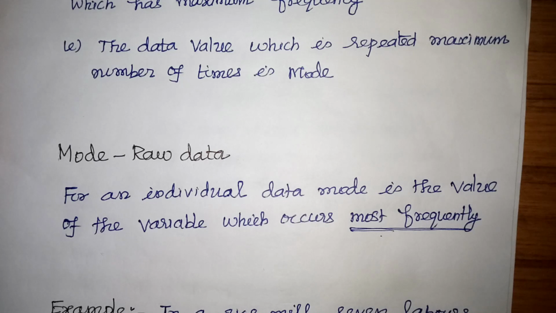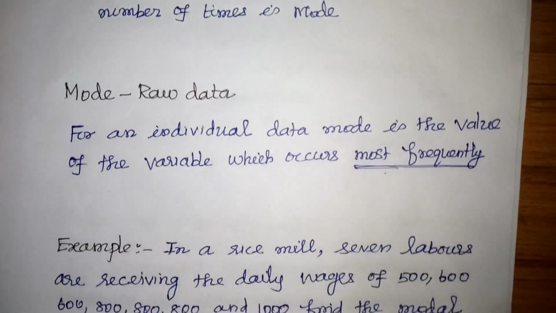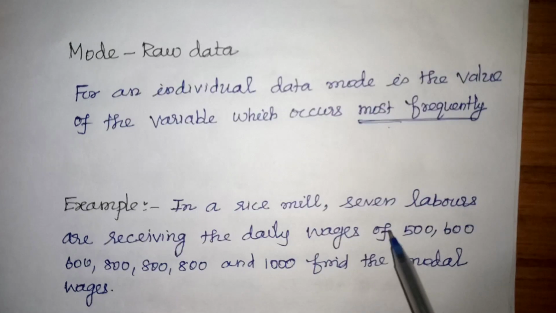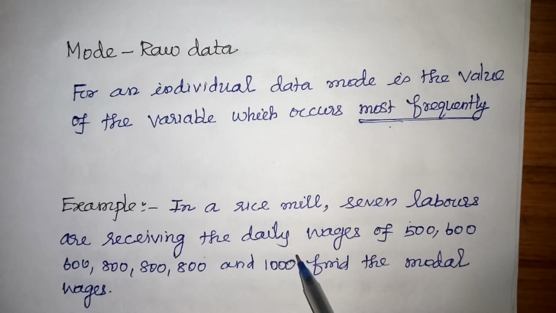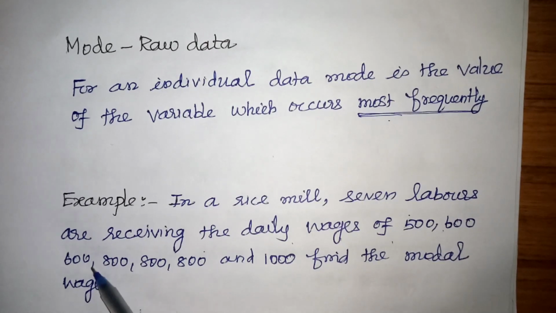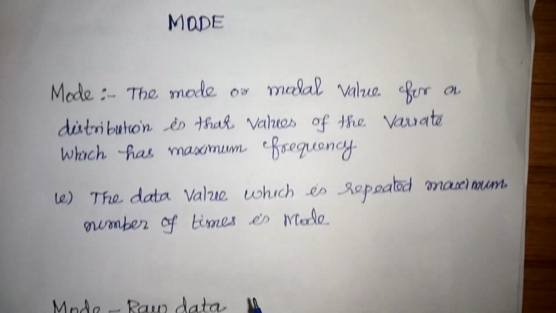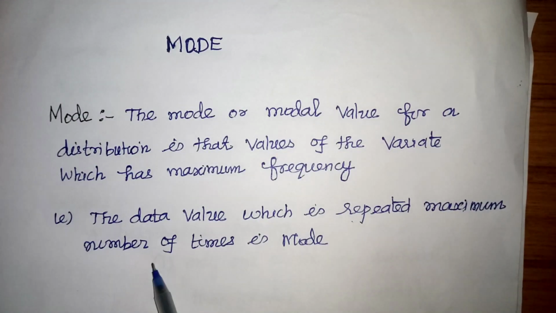Now, next example, for raw data. In a rice mill, 7 laborers are receiving daily wages of 500, 600, 600, 800, 800, 800 and 1000. Find the modal wage. Mode means the data value which is repeated the maximum number of times.